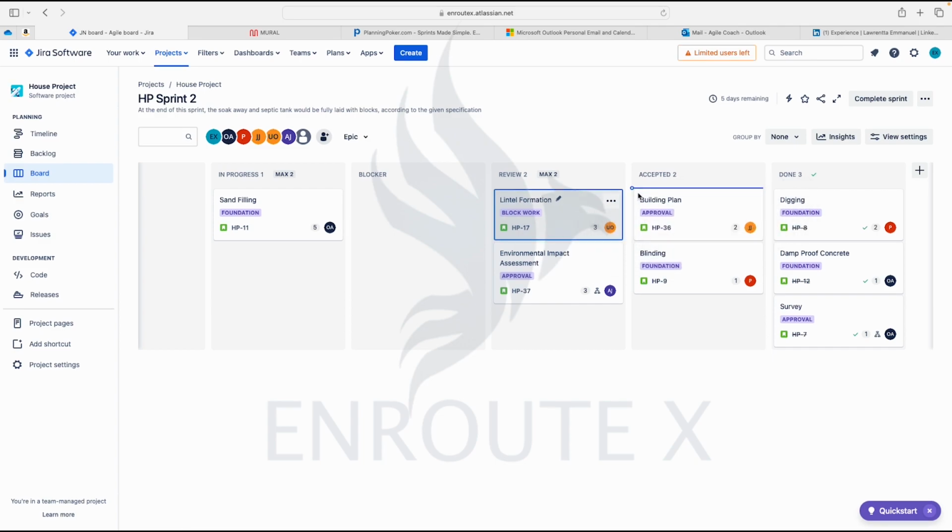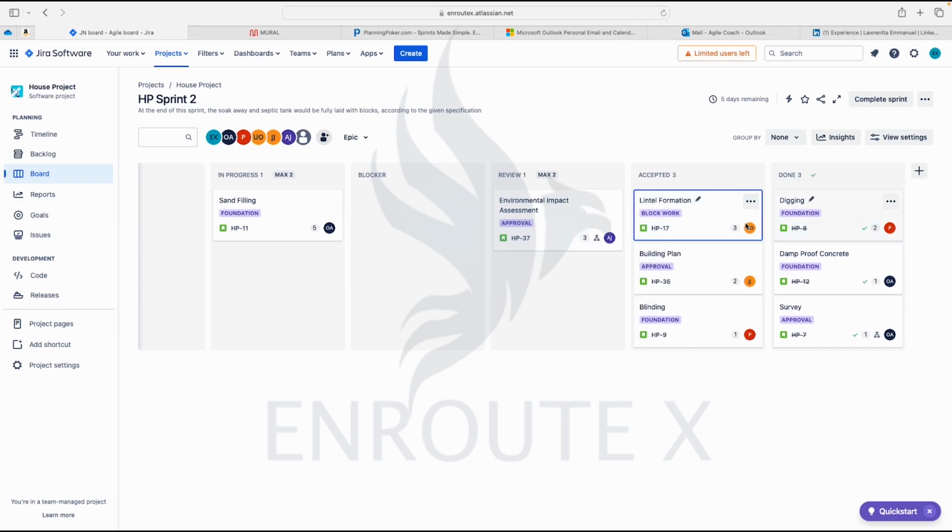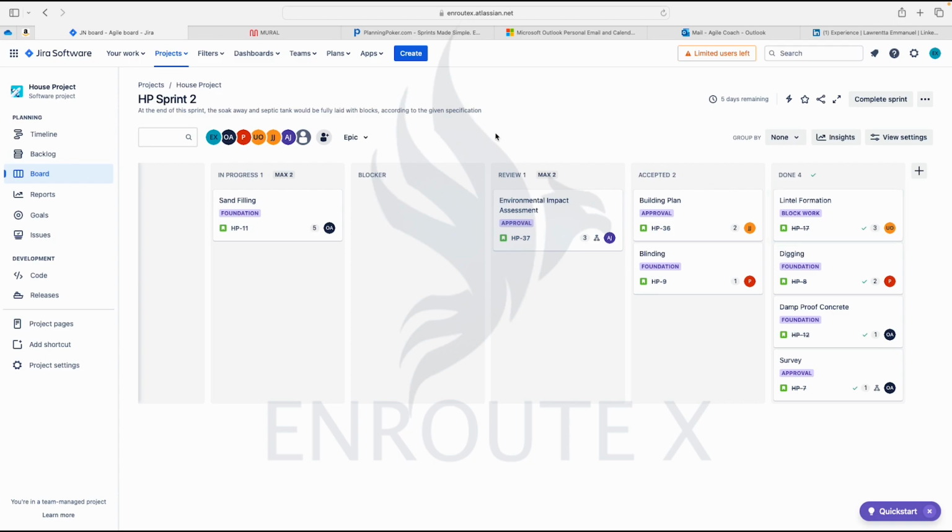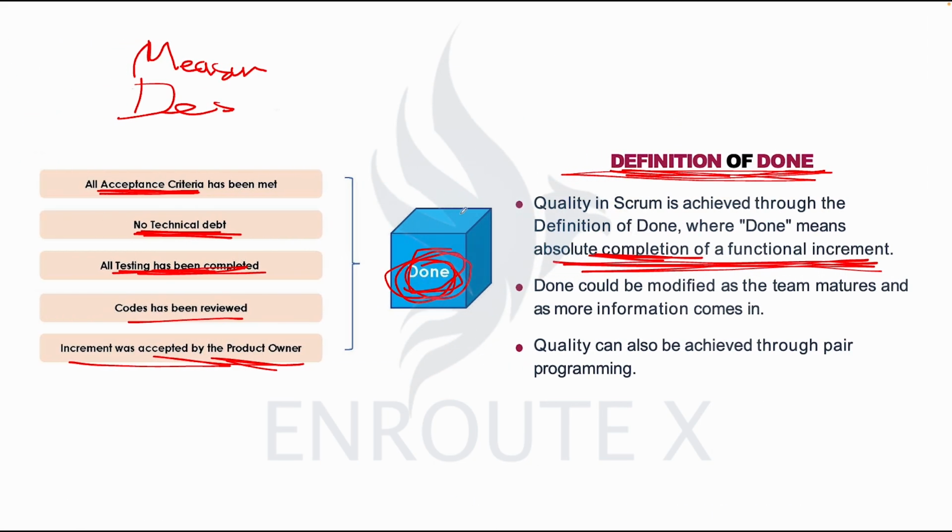But beyond the tester checking, as we mentioned in module 2, only the product owner has the responsibility to accept a completed work. So the product owner is also accepting the work as completed. So that is what we mean by this.